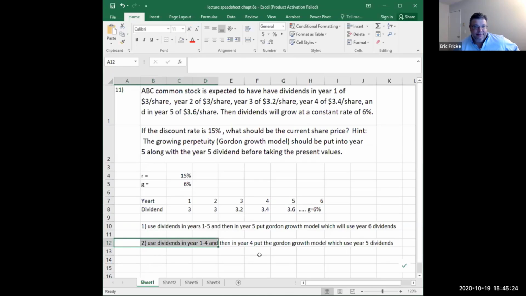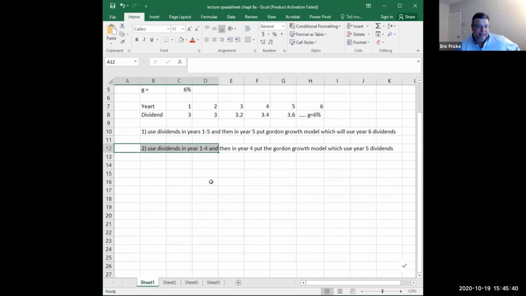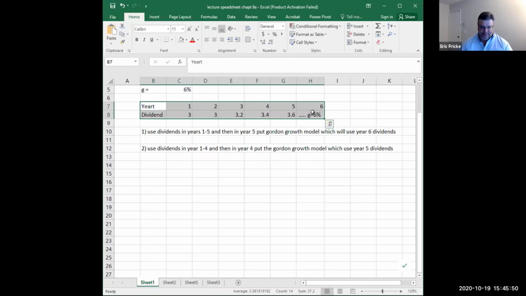Why don't we go ahead and solve this using method 2? And then I'm going to go back and explain to you why method 1 will give us the exact same answer. So in method 2, let's put down all our dividends here.